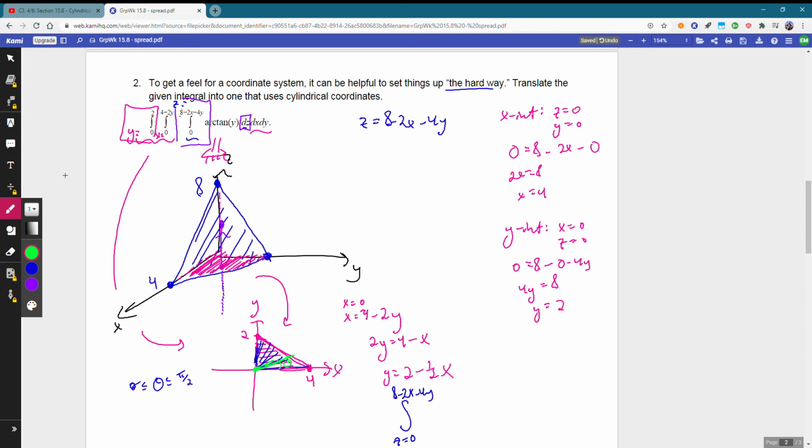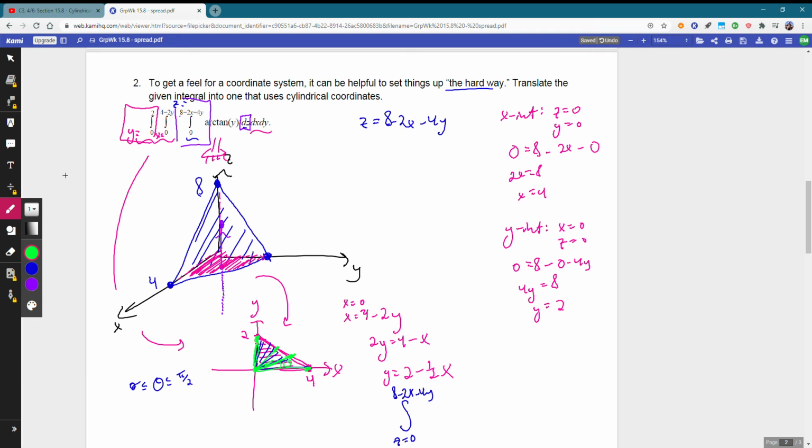But where we stretch out to, that length, is going to change depending on our angle. When our angle is 0, we're going to stretch all the way out to 4. When our angle is a little bit bigger, we're going to stretch a little bit less. Increase our angle, we're going to stretch a little bit less. And at pi over 2, we're going to only be stretching out to r equals 2.